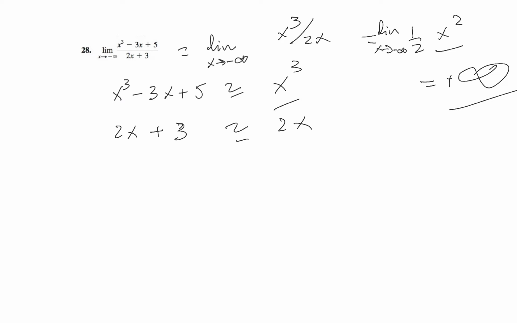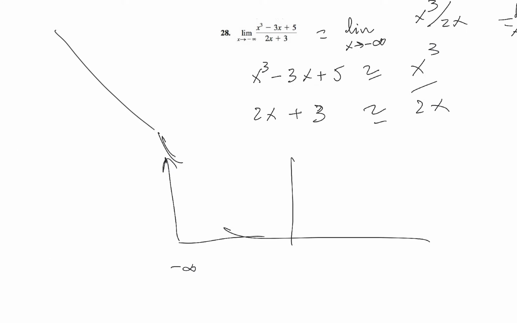You can draw this graph and you will see that when x goes to minus infinity, the function goes to infinity. The function will do like this, always growing on this side.